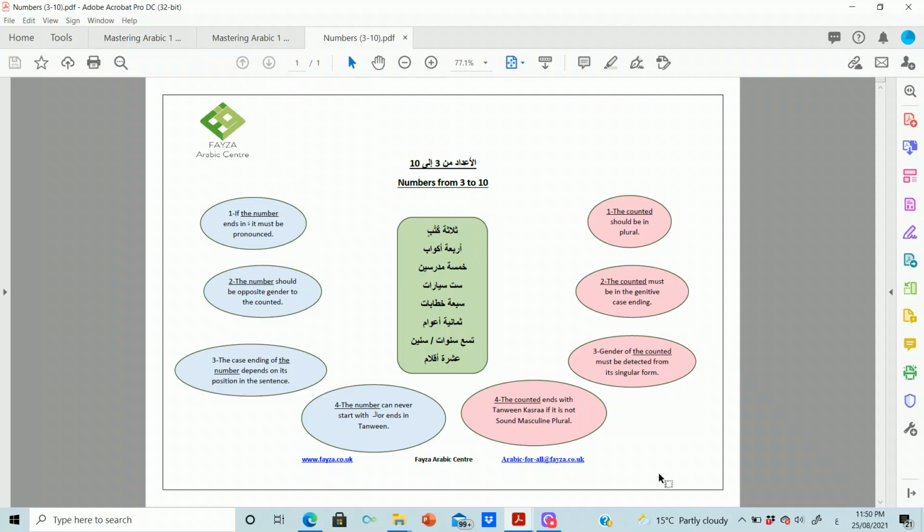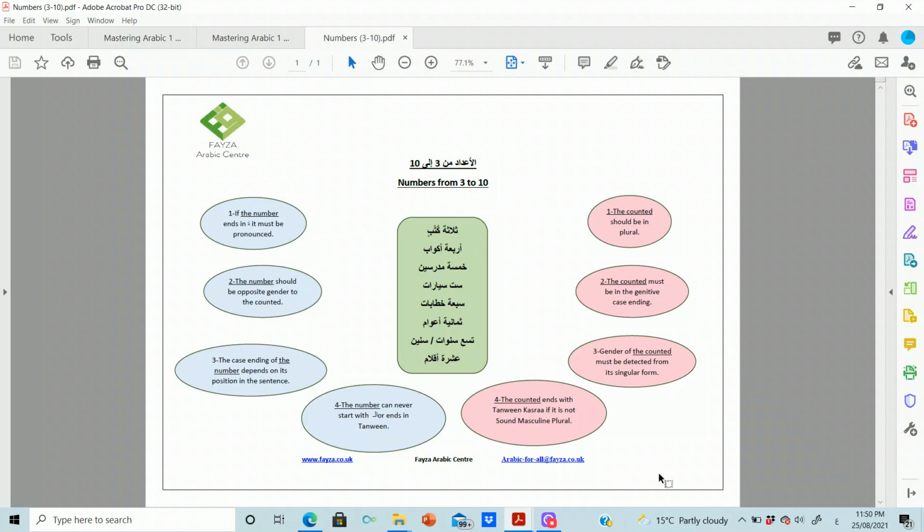In that case, we are going to have a type of idafa structure which has rules again for the first word and for the second word. Some of these rules have to do with the idafa structure, and others have to do with the numbers from 3 to 10, as we're going to see.